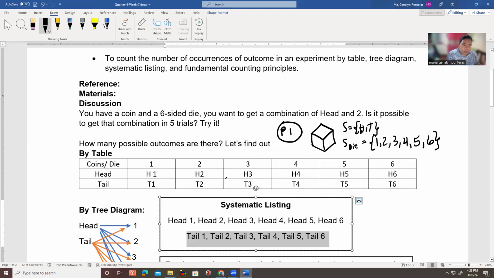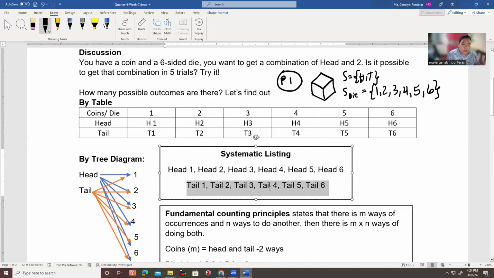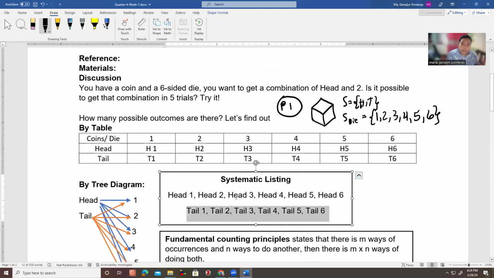If we count, we have 12. We have the cardinality of 12 as well. So as you can see, we use different methods, but we are consistent with the cardinality of the sample space.